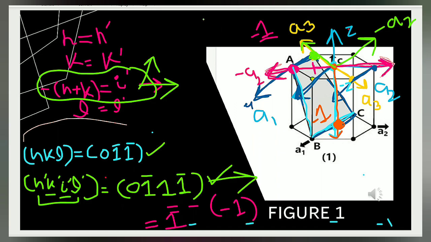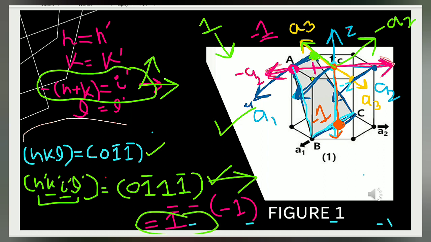So the intercept will be 1. After finding the intercept, you take the inverse of the intercept. The inverse of 1 is again 1. So 1 is the final index that we would have got just by looking at the figure, or you can use that equation, which gives the same result.